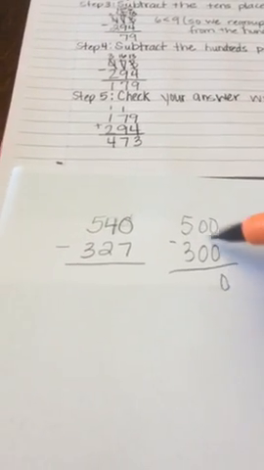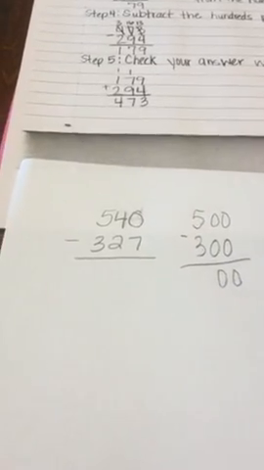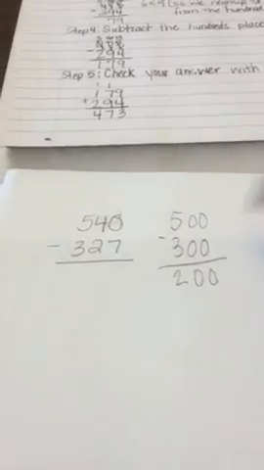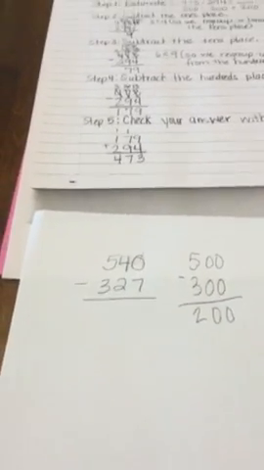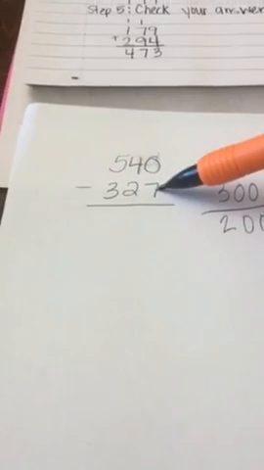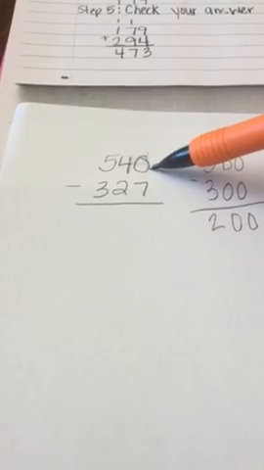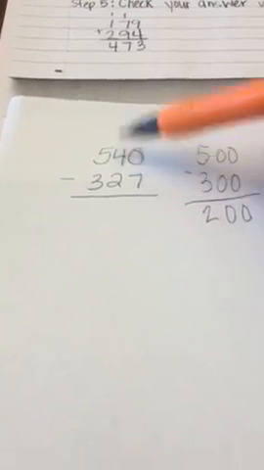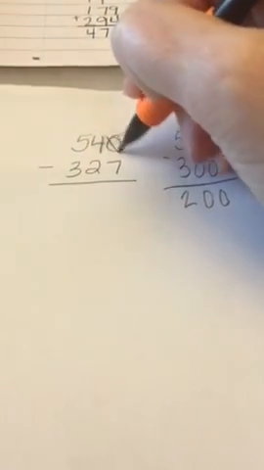So I'm going to subtract, and 5 minus 3 will be 2. Okay, so my answer should be close to 200. It doesn't have to automatically round there, but it should be close. Okay, so when I start looking at my ones place, I notice I have a 0 on top and a 7 on the bottom. I can't take 7 away from 0, so I'm going to have to go to the tens place and borrow a 10.